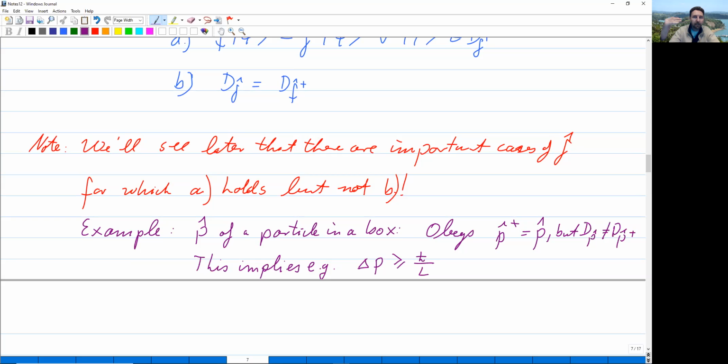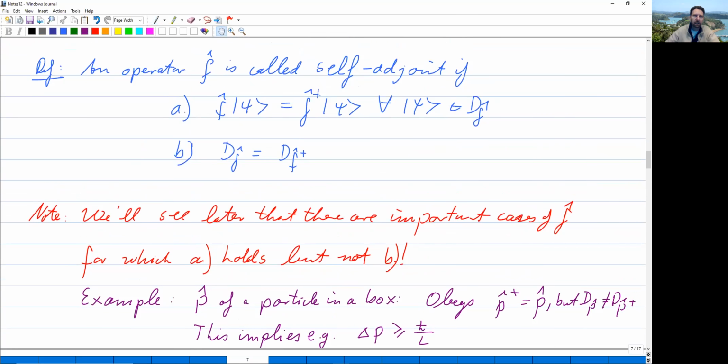And measuring the transversal momentum of the photon is measuring the angle from which the light came. So having a fundamental minimum uncertainty in momentum for a particle in a box translates into a fundamental minimum uncertainty in the angle resolution of imaging when you use a lens. And that goes back to that subtle difference between an operator that is self-adjoint and an operator that looks self-adjoint but isn't.